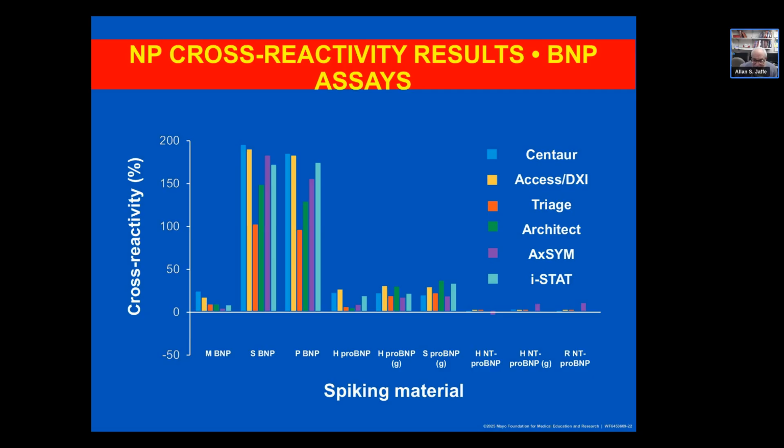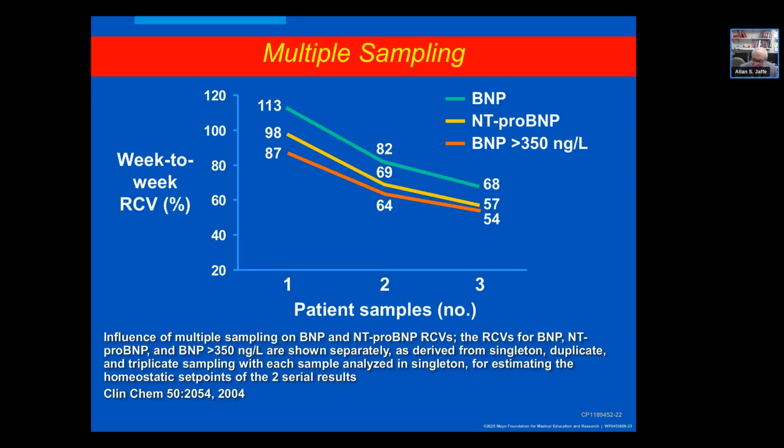This just looks at the ability, if you take spiked natriuretic peptide fragments and ask which assays measure them and how much they measure, you can see the tremendous variation. Secondly, another example, there's a lot of biologic variation in all natriuretic peptides.